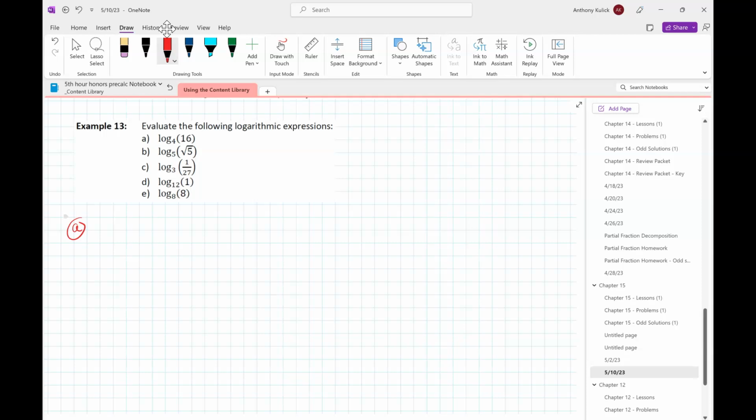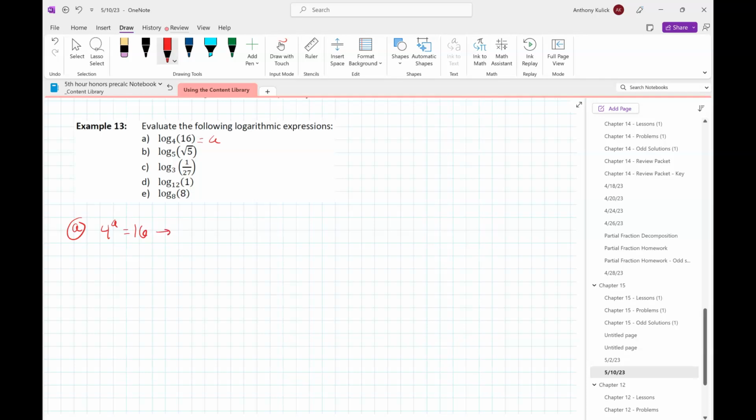So there are two ways to approach this. The first way would be to say that thing is equal to a, so I could rewrite this as an exponential equation.